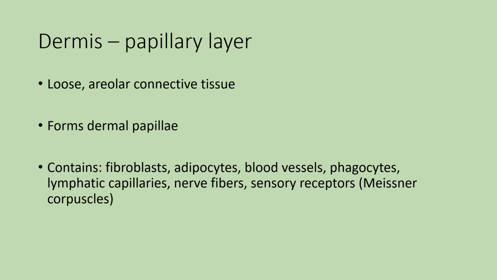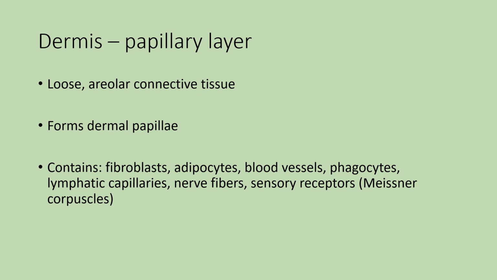Adipocytes, these are essentially your fat cells. It does have a lot of blood vessels. It does have a lot of phagocytes, those different types of cells that are capable of recognizing foreign debris. They also, if there's been an injury, will clear up any dead cells.